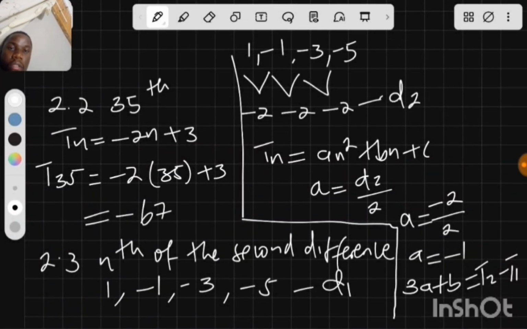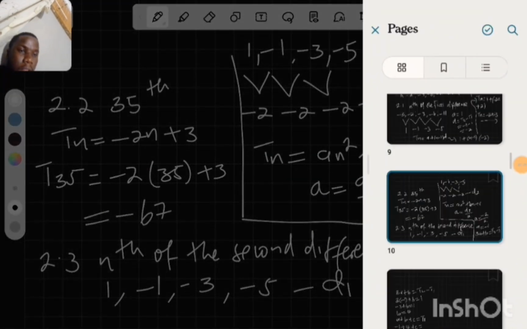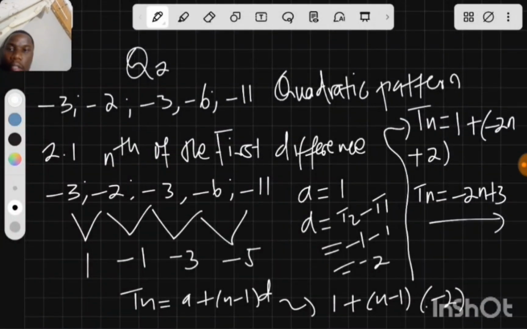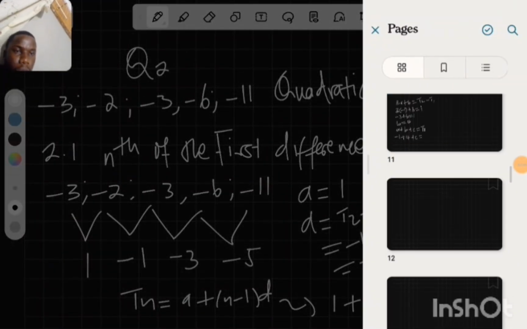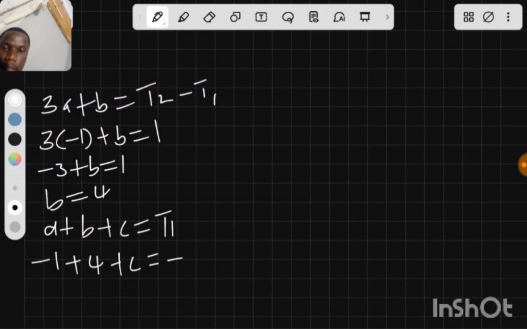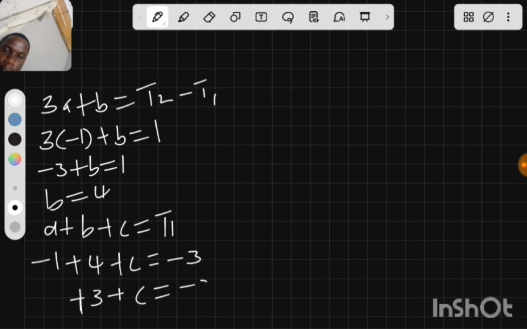Our t1 is equal to, let's go and check our t1 from there. Our t1 is minus 3. Then 4 minus 1 is positive 3, plus c, which is equal to minus 3.